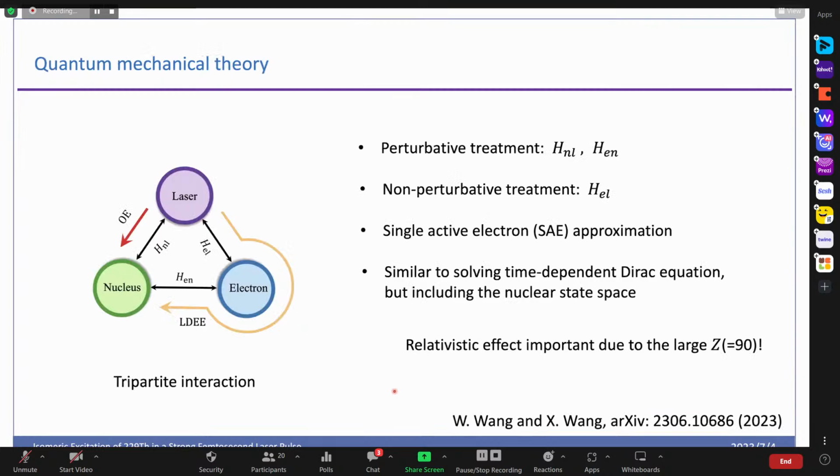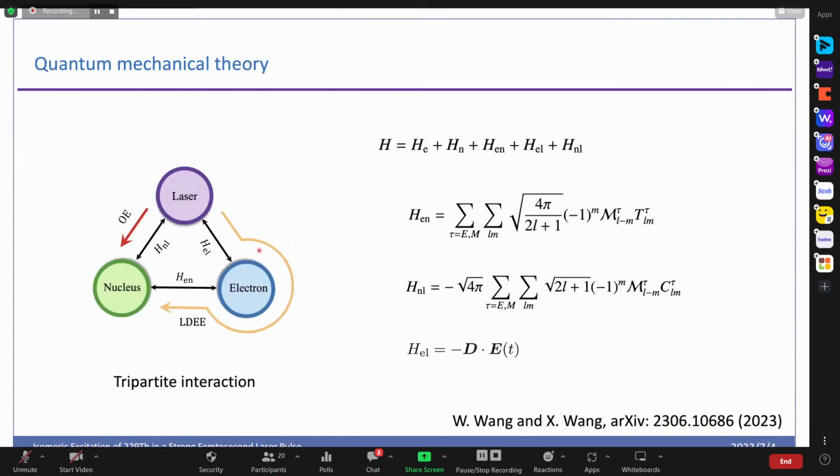That is what we did recently. We built a quantum mechanical theory of a tripartite interaction between the nucleus, electron, and the laser field. The total Hamiltonian has the electron part, nucleus part, electron-nuclear coupling, electron-laser coupling, and nuclear-laser coupling, and these couplings can be expanded using multipole moments.